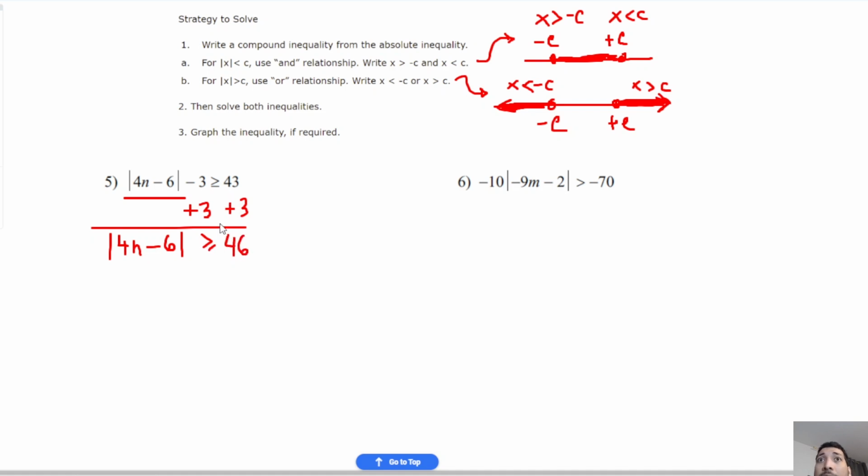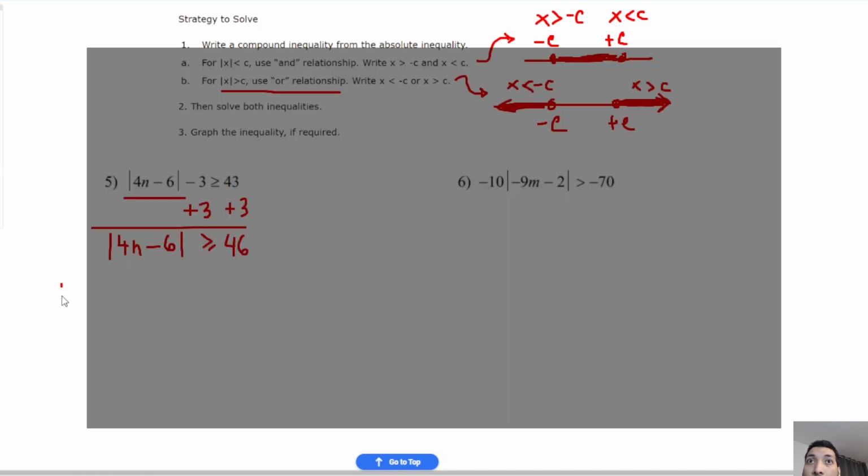Now we see that we have a greater than or equal to symbol, which is this OR relationship. So we write this relationship, which is this absolute value quantity less than negative value of this constant, or absolute value quantity greater than positive value of this constant.